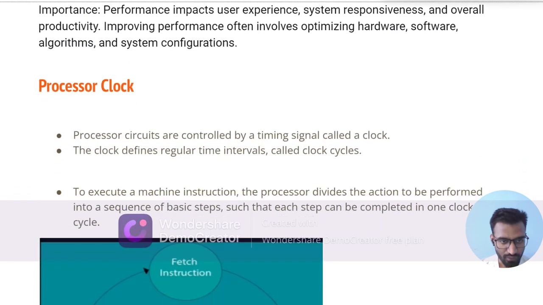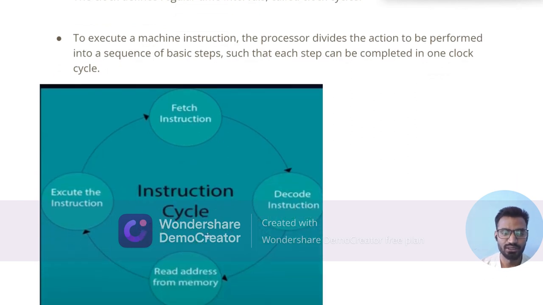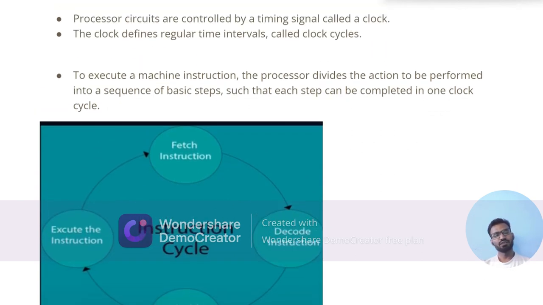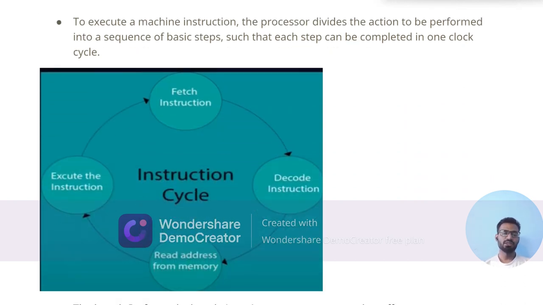Processor clock. We see in this picture the instruction cycle or processor clock. If we give an instruction, it fetches the instruction. Then the system decodes it, decoding the instruction into 0 and 1 format, as we know.